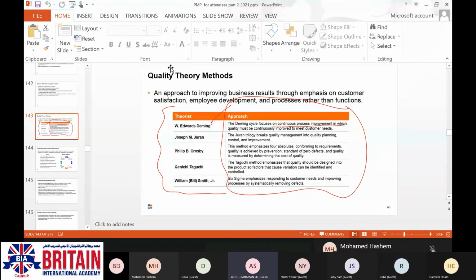You need to just read the theory and the approach, and after that you are going to pick the right answer. It's straightforward.